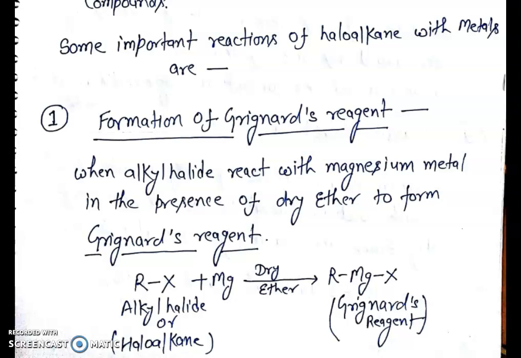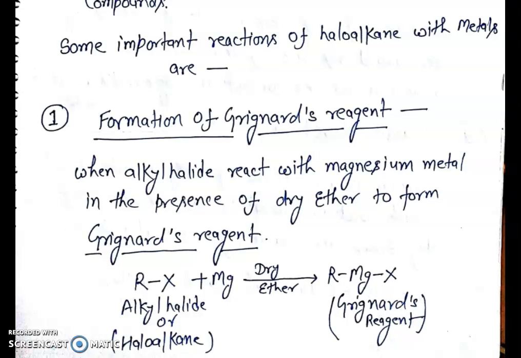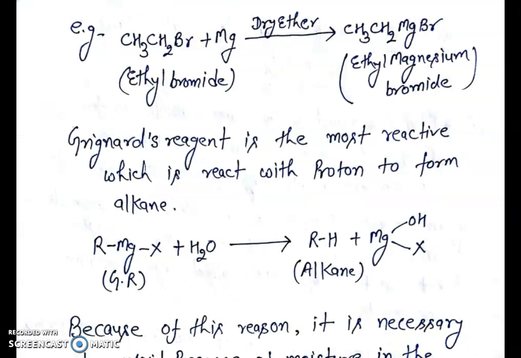R is the alkyl group and X is the halogen atom. For example, when ethyl bromide reacts with magnesium metal in the presence of dry ether, it forms ethyl magnesium bromide, and ethyl magnesium bromide is an example of Grignard reagent.